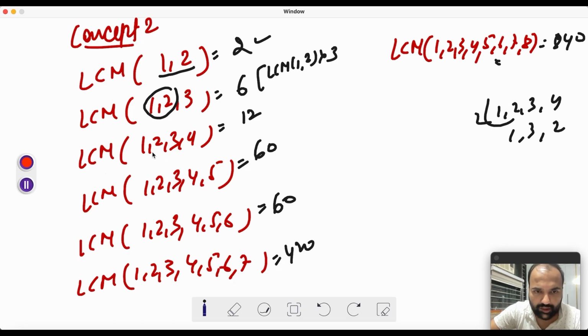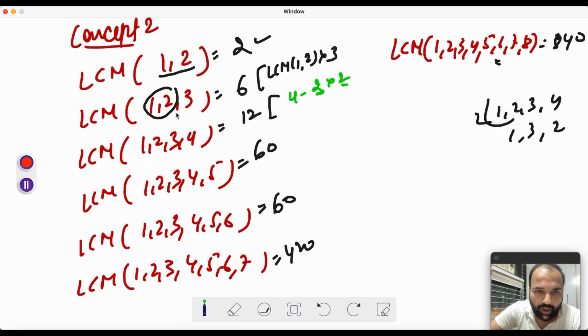Now you may say that okay, the LCM of 1, 2, 3 is 6, so why not 6 into 4 is 24? Why is it 12? If you look at this number very carefully, in 1, 2 and 3 we already had 1, 2 available. What is 4? 4 is 2 into 2, 2 square.